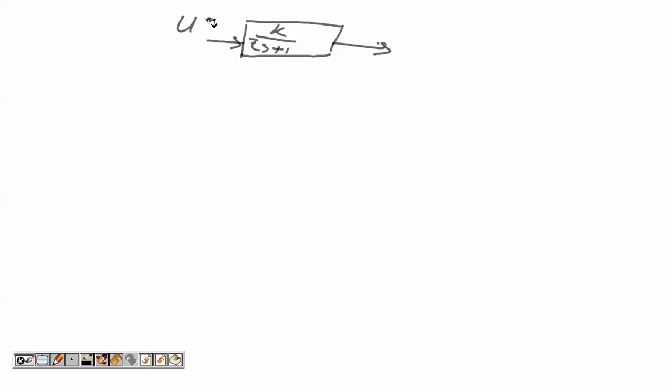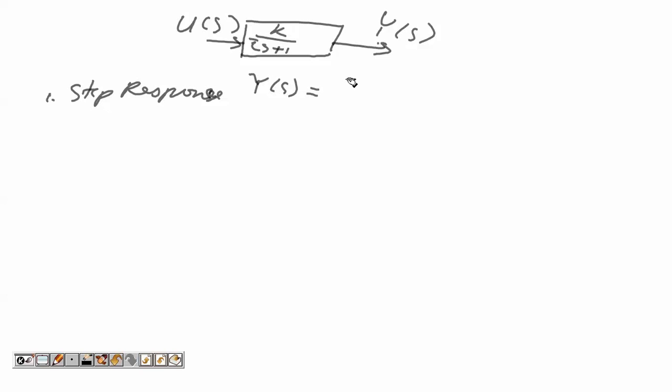So this one, Y(s), for the first case step, means that we will get the step response. Y(s) is K over tau s plus 1 times input U(s), because the U(s) is step with magnitude M, then the Laplace transform is M over s.